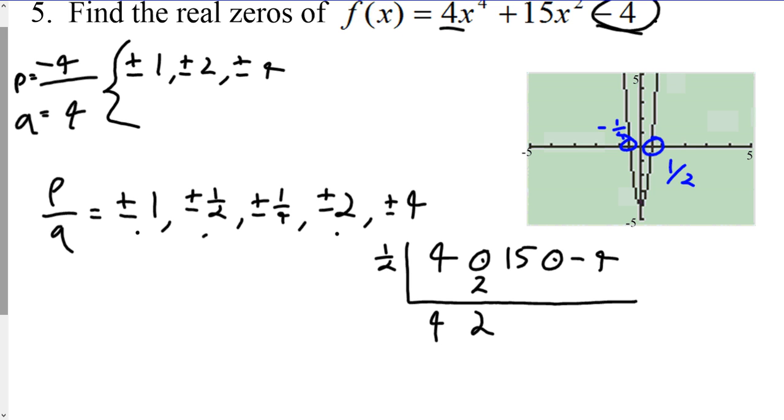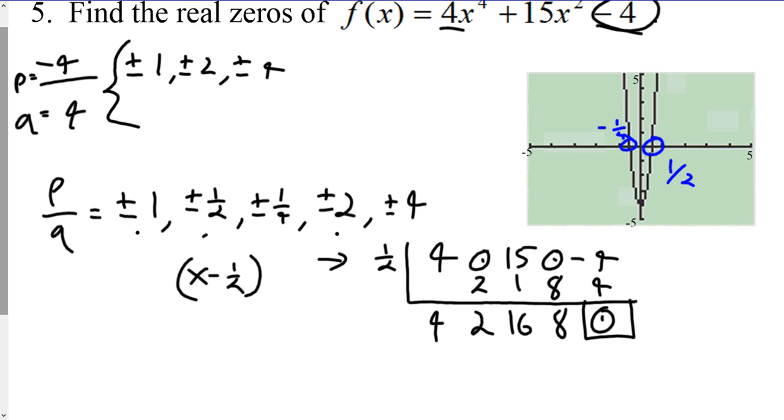Drop that down, and I get 1, that's 16, that is 8, that drop that down, multiply by 1/2, that's 4, and I get a remainder 0, so that was a factor. Well, I know that this gives rise to the factor of x minus 1/2, and a solution or a root at 1/2, x-intercept. So the other one is if it was -1/2, so that would be x plus 1/2.